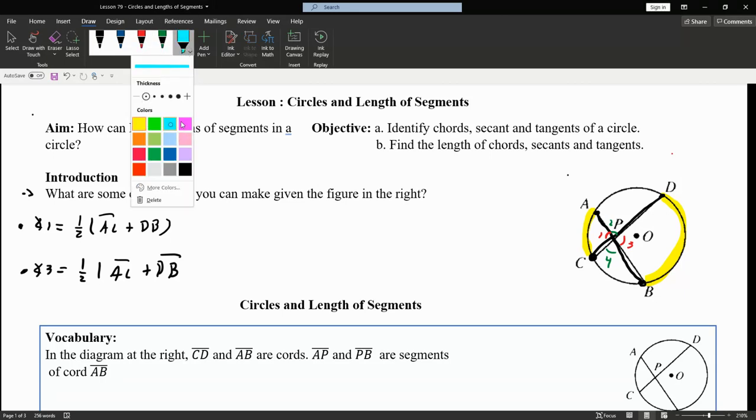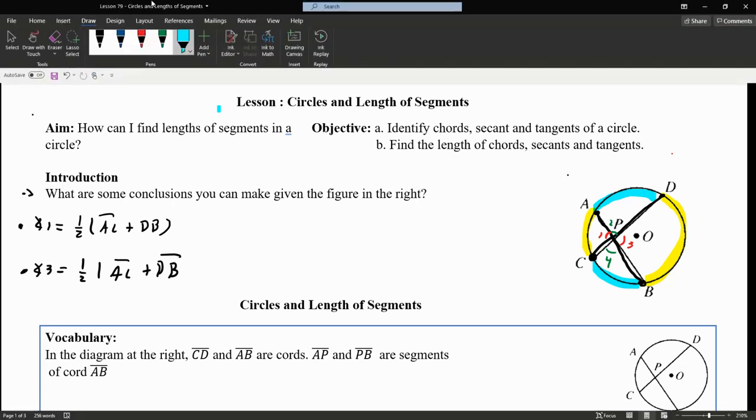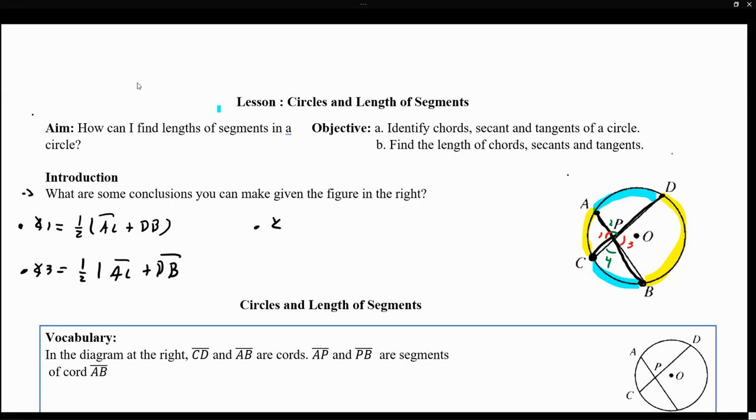Angle 2 can also be seen as half of the opposite arcs, so angle 2 is equivalent to 1/2 of AD plus CB. But angle 2 is vertical to angle 4, so angle 4 is also equivalent to 1/2 of AD plus CB.